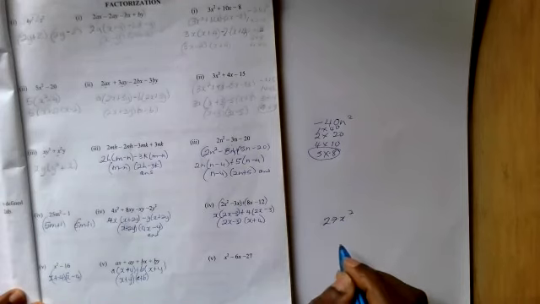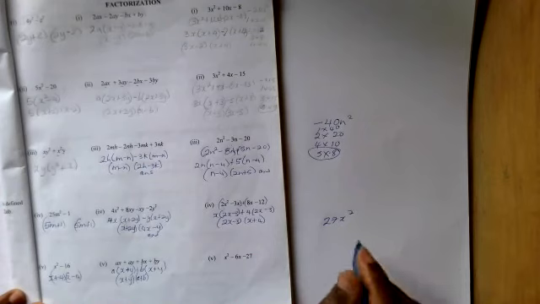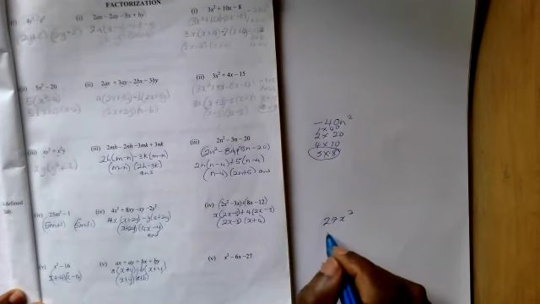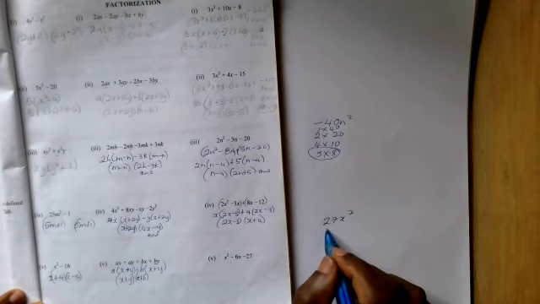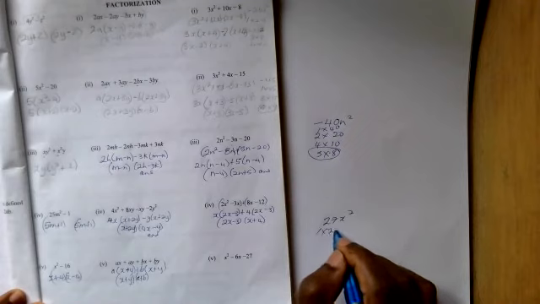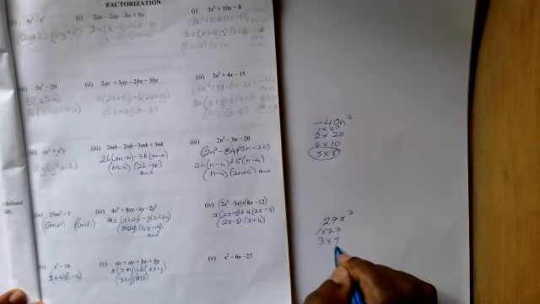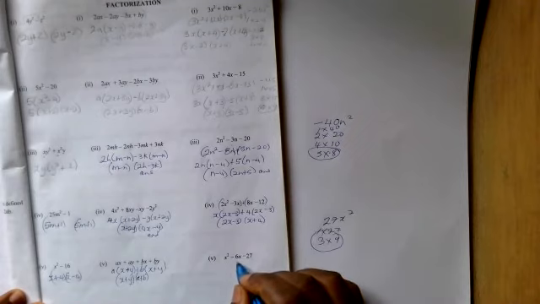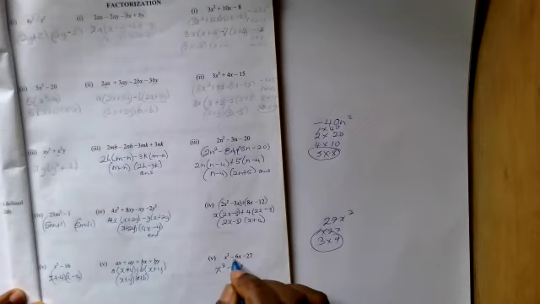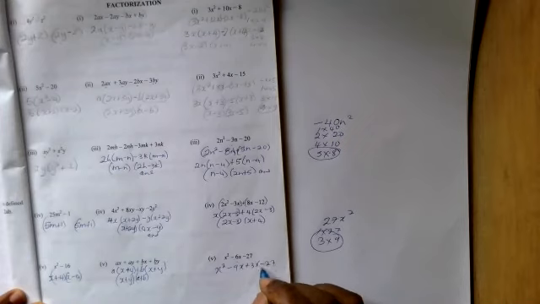Now we find all the factors of 27. 1 times 27, 3 times 9. This is very easy. The only factors are those. So it will be x squared minus 9x, because this is a negative, so the bigger one must be negative, plus 3x minus 27.